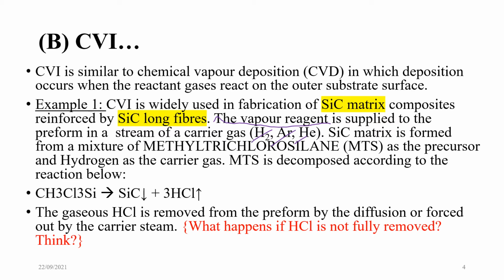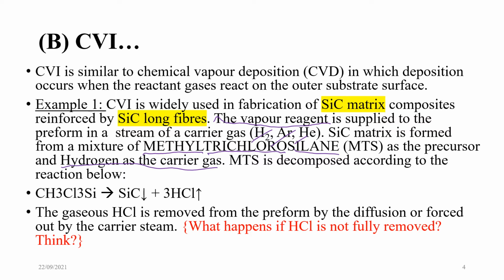Silicon carbide matrix is formed from a mixture of methyl trichlorosilane, MTS, as the precursor, and hydrogen as the carrier gas.